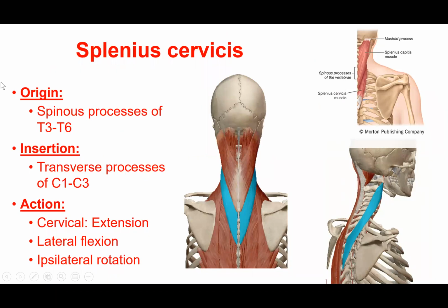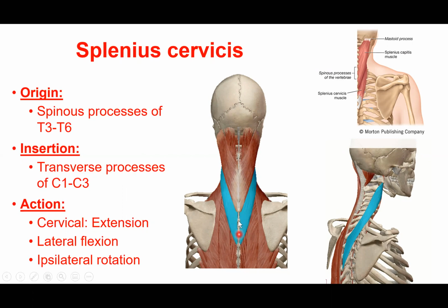The next muscle that I will talk to you about is splenius cervicis. We just talked about splenius capitis, which was this muscle more superior here, and then we have splenius cervicis. A quick way to keep these separate in your mind: capitis usually refers to the head, and you can see that the splenius capitis goes all the way up to the head, whereas the splenius cervicis originates on the spinous processes of T3 to T6, which is what you see down here.